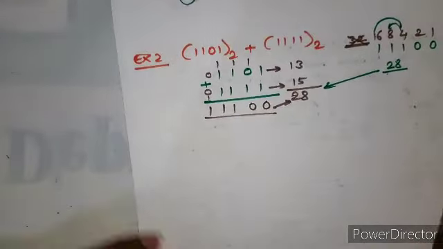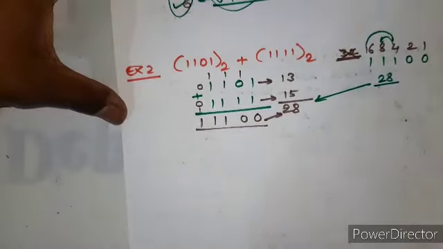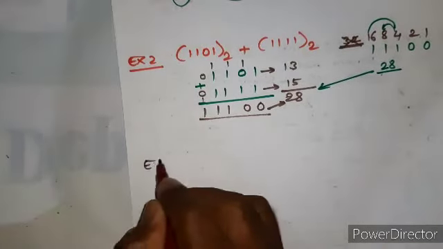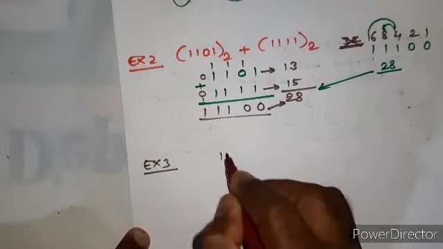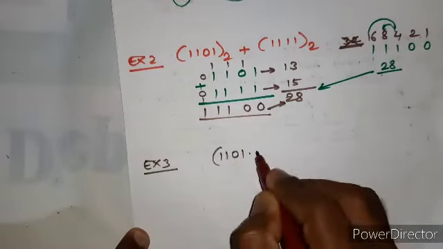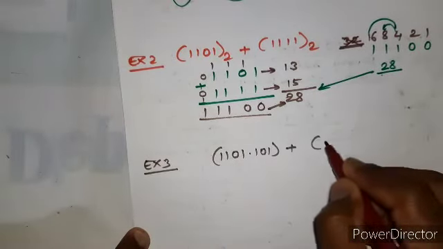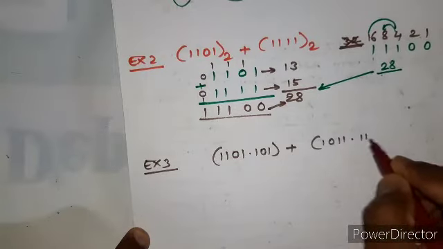Okay, similarly, if we have such type of example, so I have 1101.101 plus 1011.110.